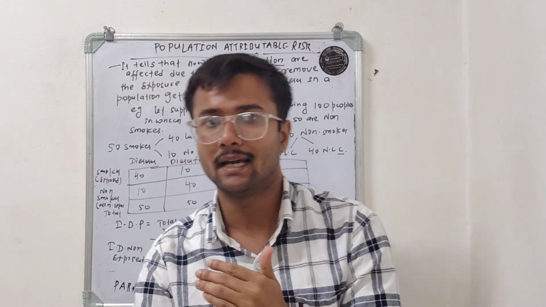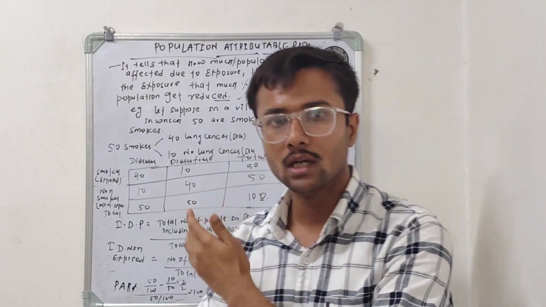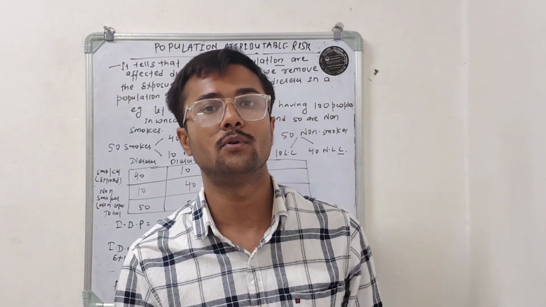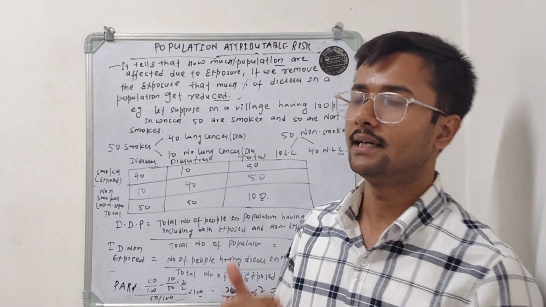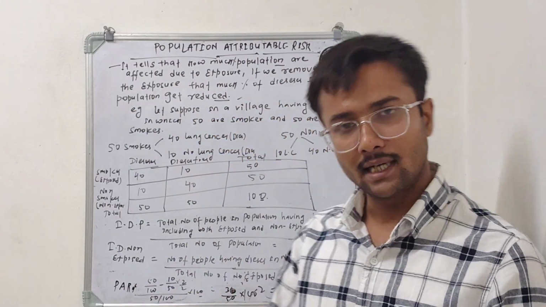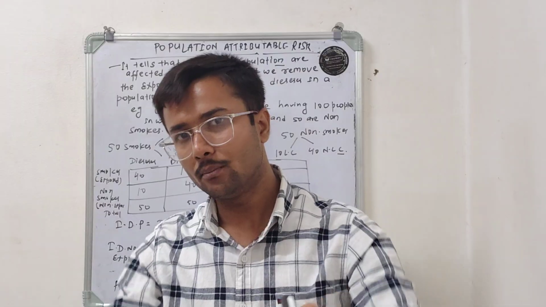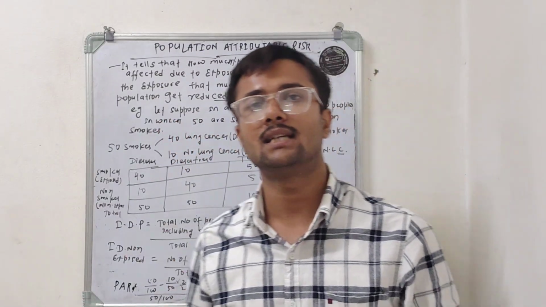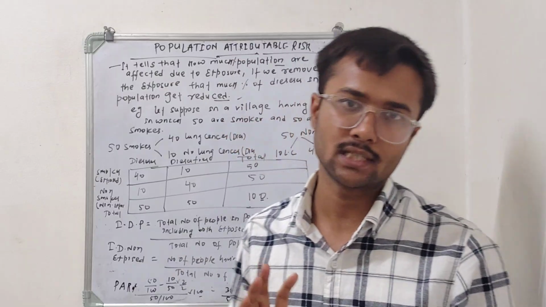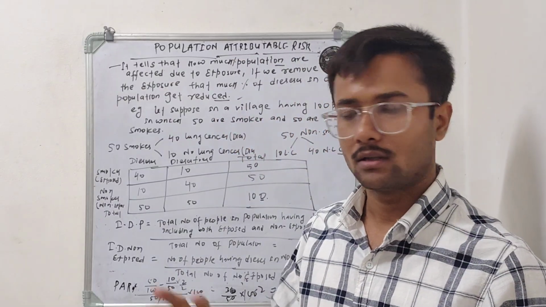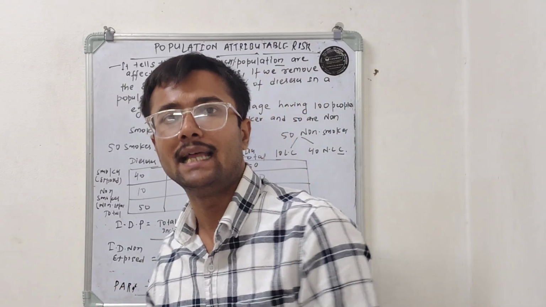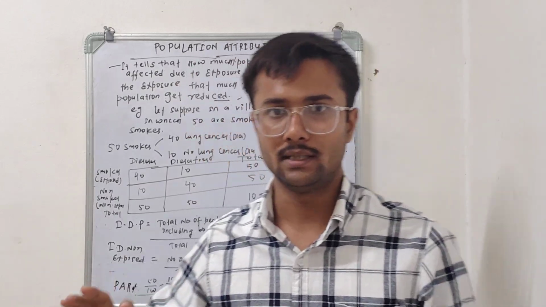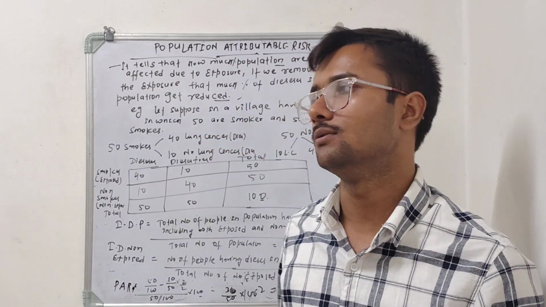So what I am telling you is that population attributable risk tells how many people in a city are affected due to exposure. If we remove that exposure, then that percentage of diseased people gets reduced.